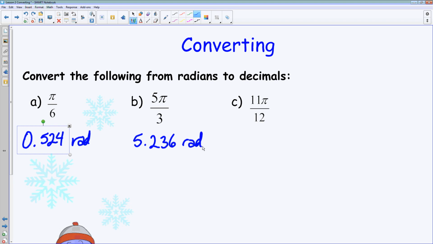And for 11 pi over 2, you're going to get 2.88 radians. You could put a 0 there if you really want to make it 3 decimal places, because you end up with a 7, 9, 8 scenario, and the 8 bumps the 9, which bumps the 7. And that's converting. So come to class with questions.